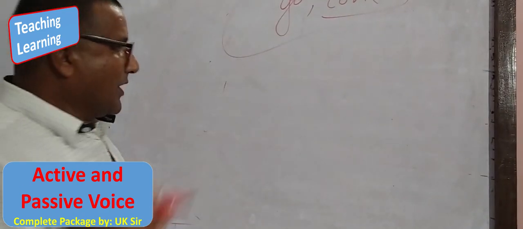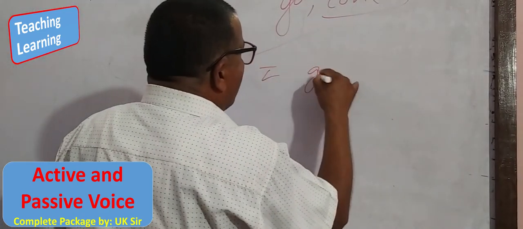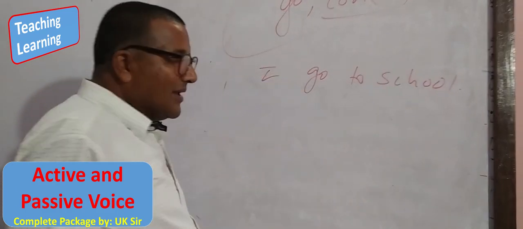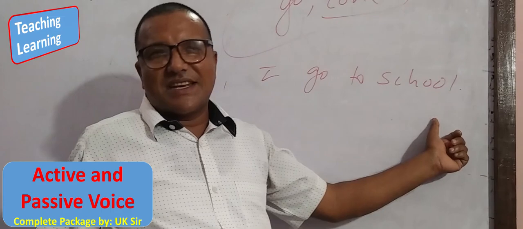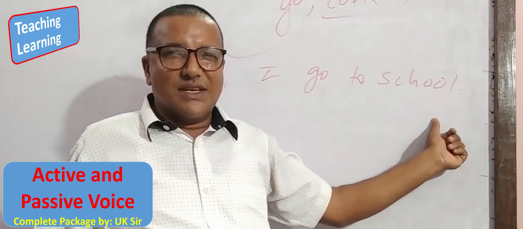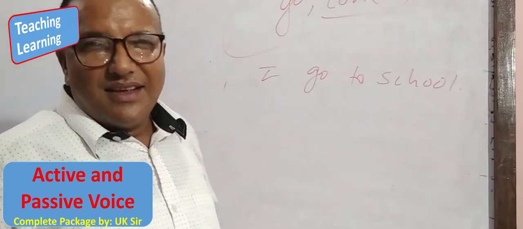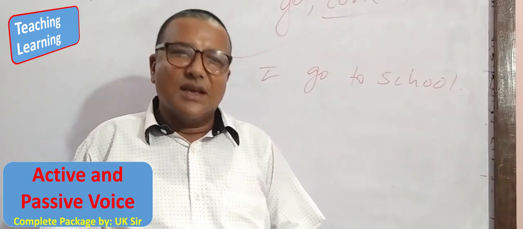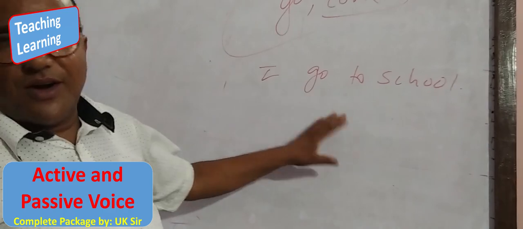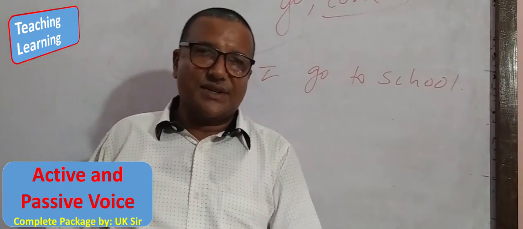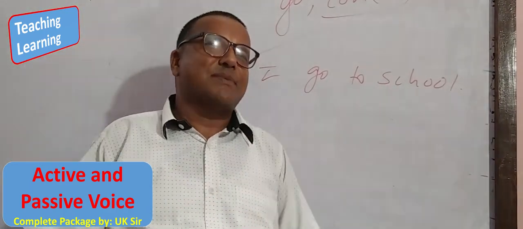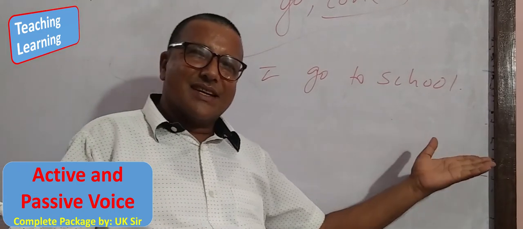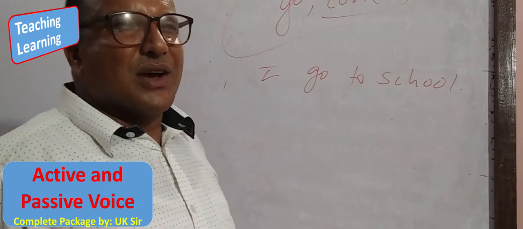For example, I go to school. Generally, it is in the simple present tense. We can use "school is gone by me," but it is not sweet. So, go and come are mostly not used for the passive voice. Grammatically, "school is gone by me" is right, but we don't have to use that.